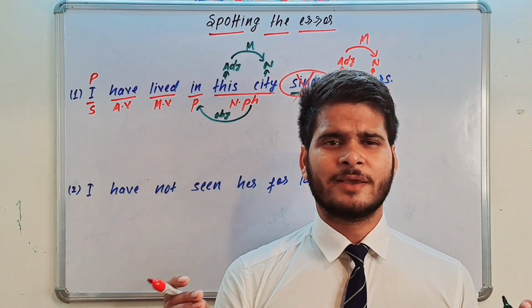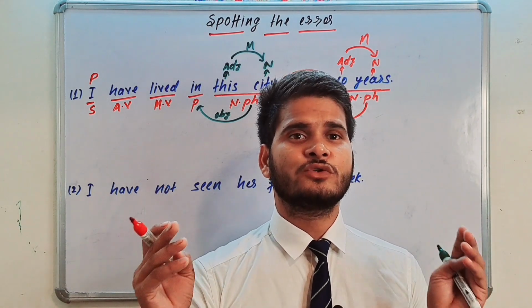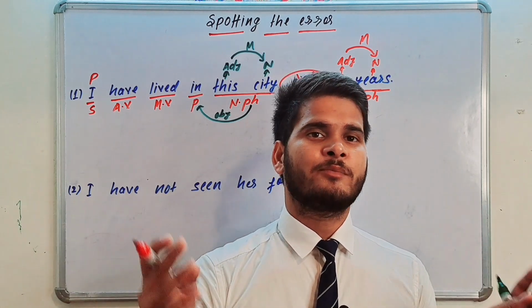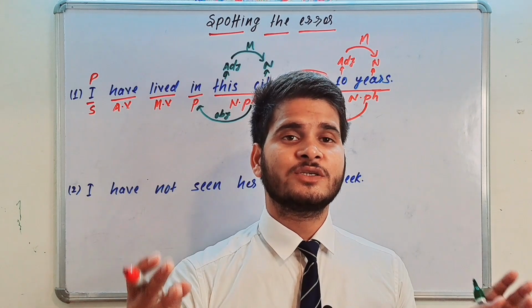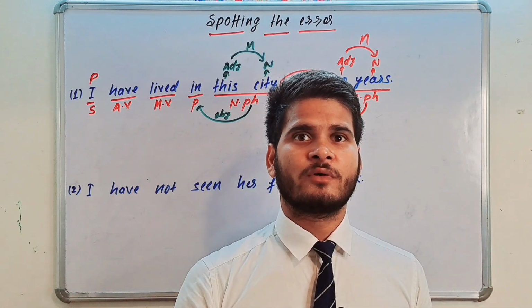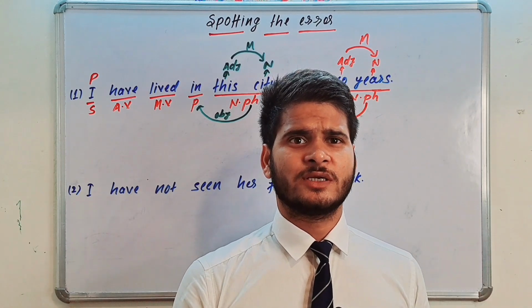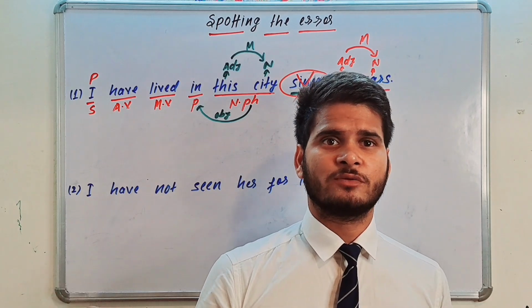So let's see again. The preposition for is used to denote a period of time, like for 10 years, for 9 years, for 9 months, for 6 days, for 5 days, and so on. These are all periods of time.